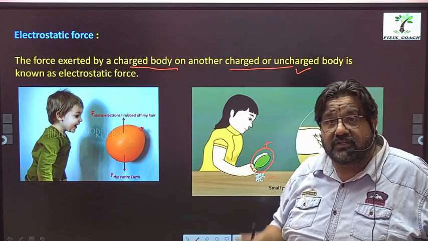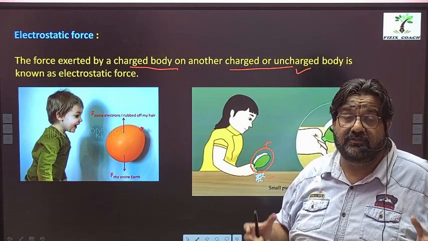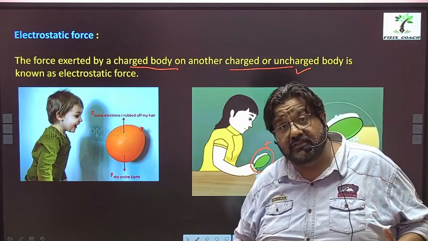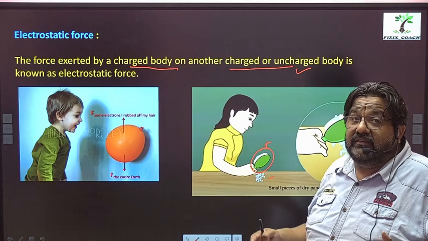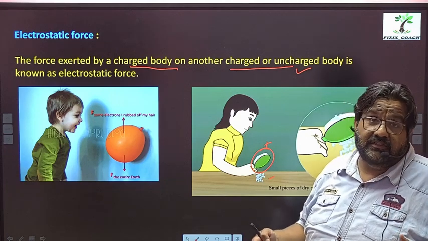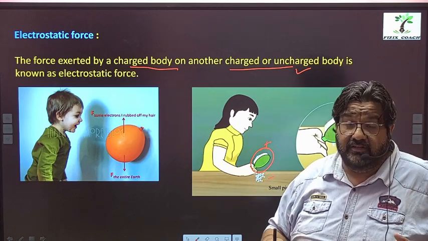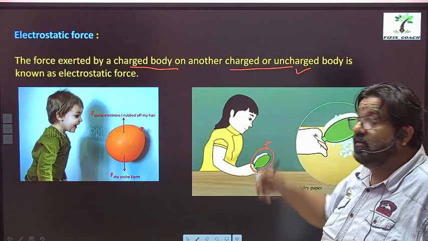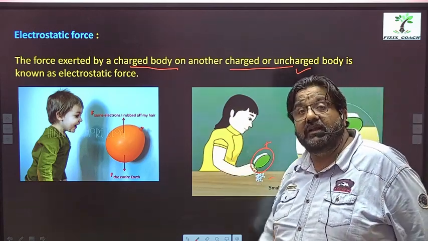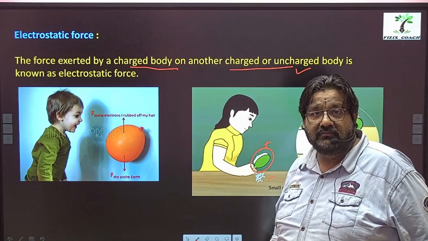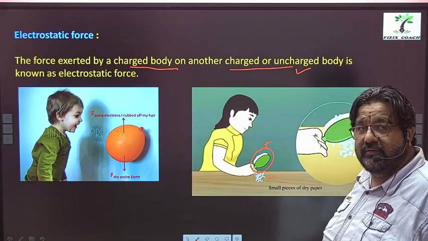So those charged objects, when two charged bodies attract each other or repel each other, or one charged object attracts or repels an uncharged object, then the force which is acting between them is electrostatic force, and here again the objects are not in contact. Right? Is it clear to everyone?